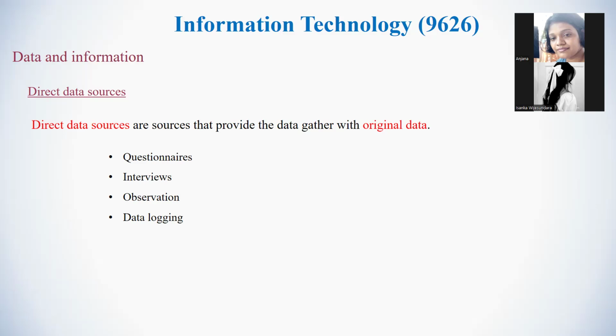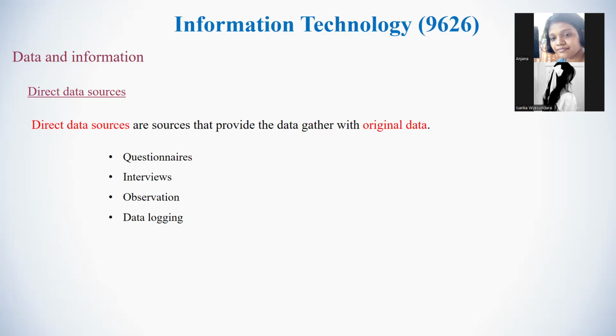Data can be duplicated. You know that a person died last year, but they didn't update the vote list. So when you receive third party data, it's not reliable. But when you go for a direct data collecting method, a direct data source, it can have original data. Have you got it?